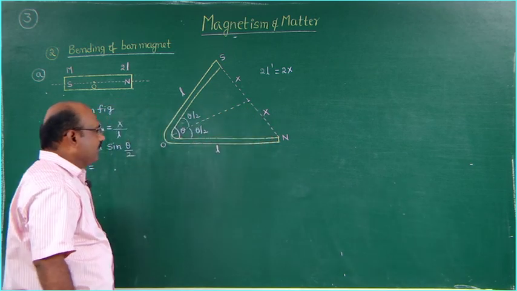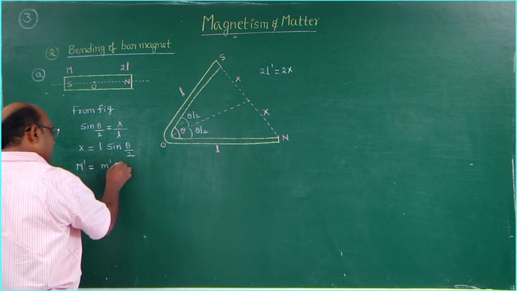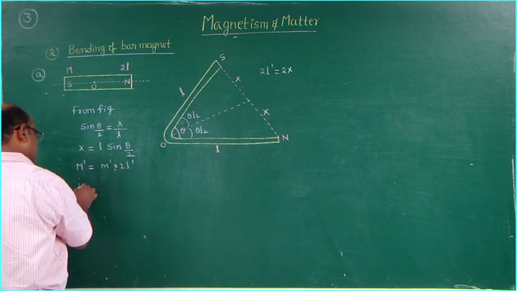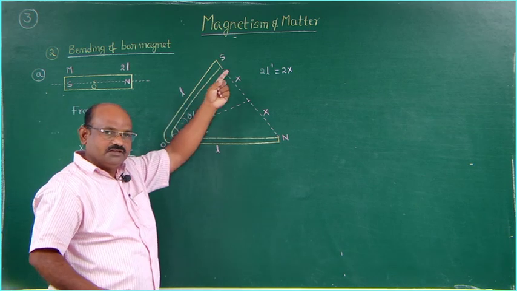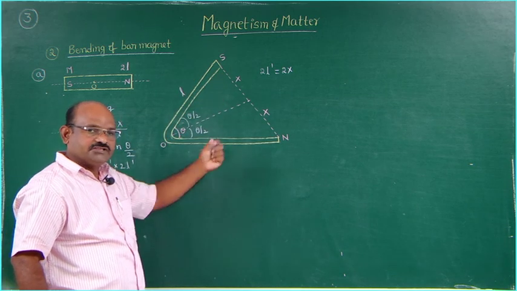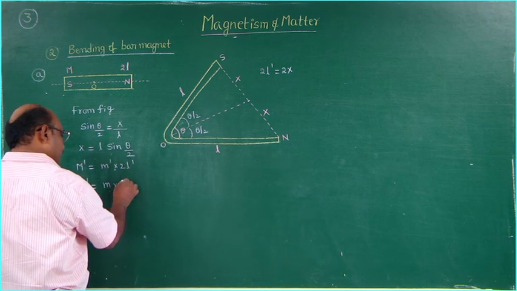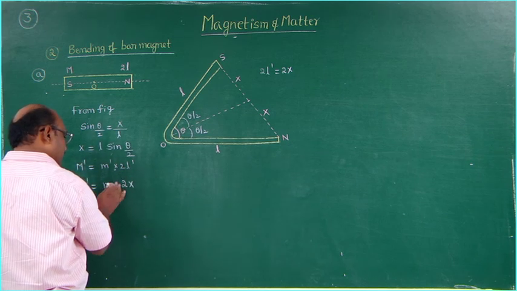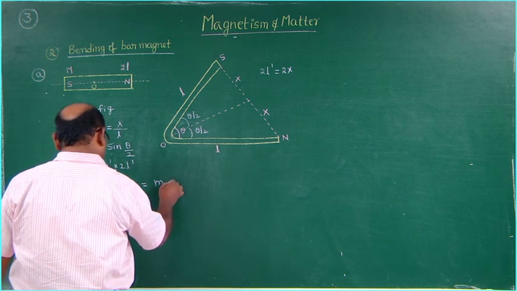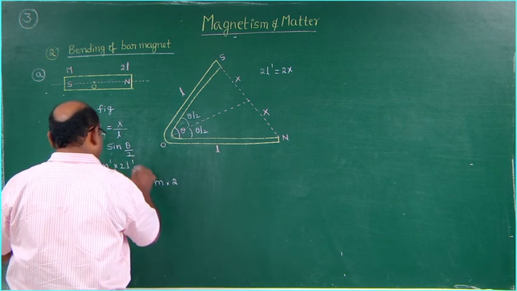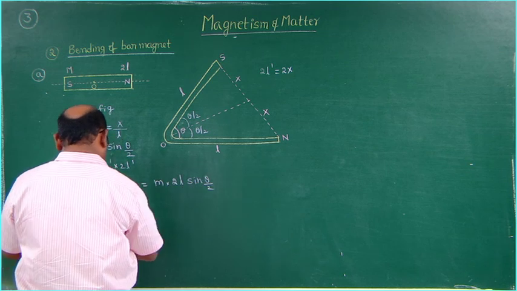Now, the new magnetic moment they are asking, M dash, is equal to, you know the formula, small m into 2L dash. Here the face area is not changing, which means pole strength remains the same. M dash is equal to m into 2L dash, and 2L dash is nothing but 2x. Therefore, small m into 2 into x value, that is L sine theta by 2.